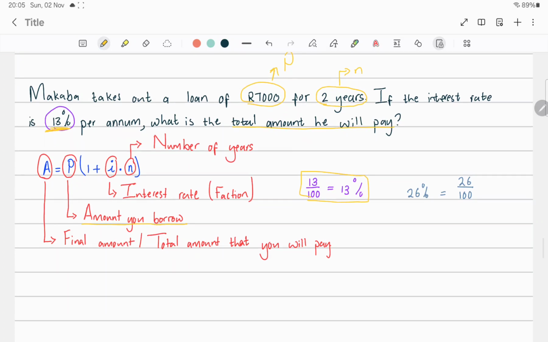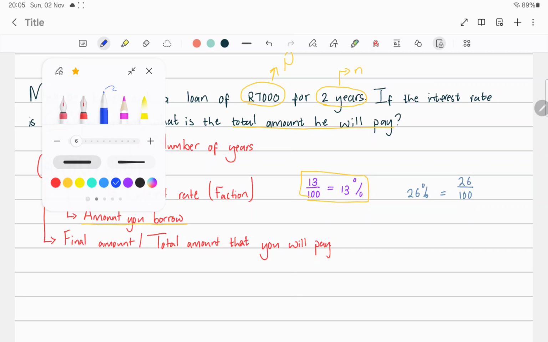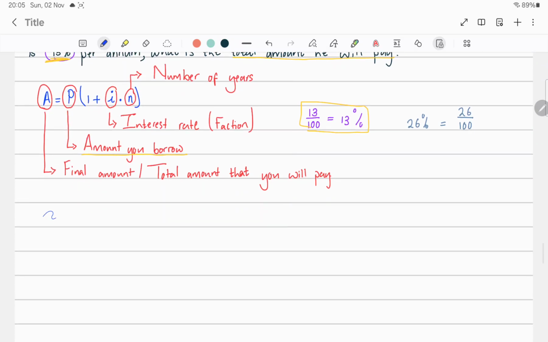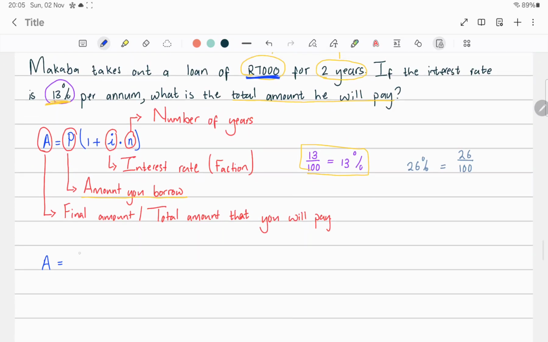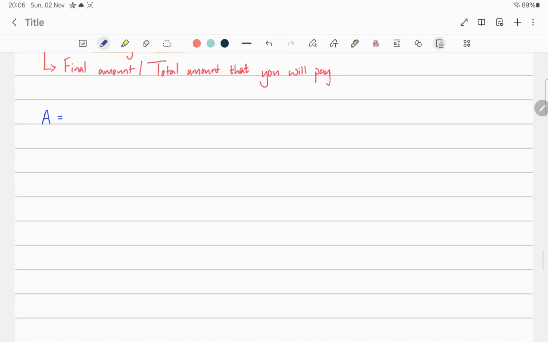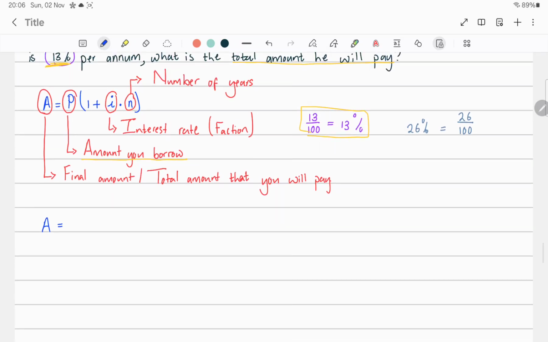Now, in our equation, A we don't have. We want the total amount, also known as the final amount. So A is equal to P. They gave us P, it's 7,000. So we replace our P with 7,000, the amount that Makaba borrows, times 1 plus, and then i is our 13 over 100.